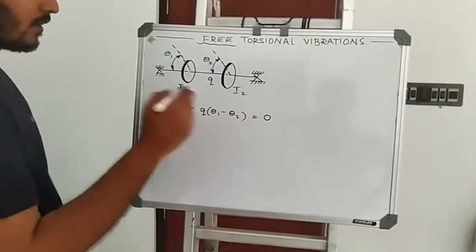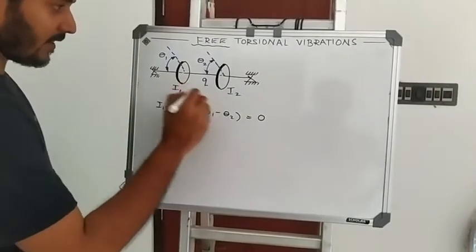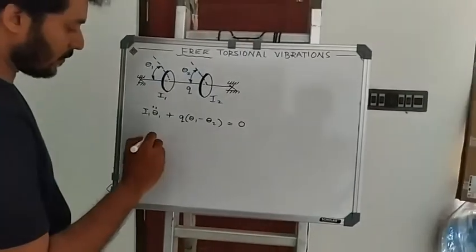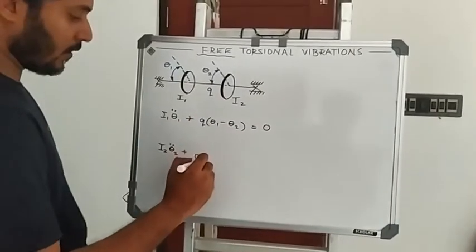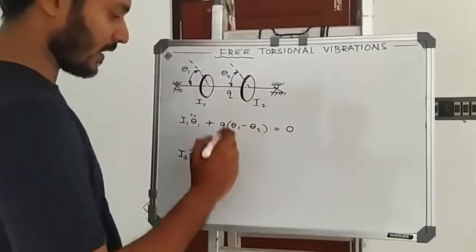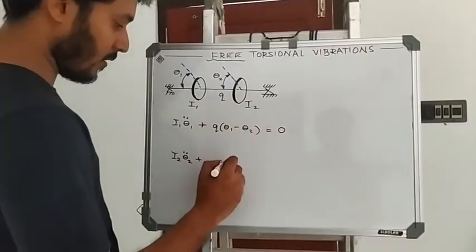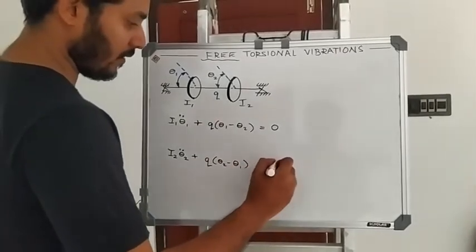Now this is for mass 1. Now for mass 2, let us write the equation once again. For considering mass 2, it will be I2 theta 2 double dot, which is the inertia torque, plus, now considering q, it is connected to both first and second discs. When we write it for the case of second disc, it will be q into theta 2 minus theta 1, that will be equal to 0.